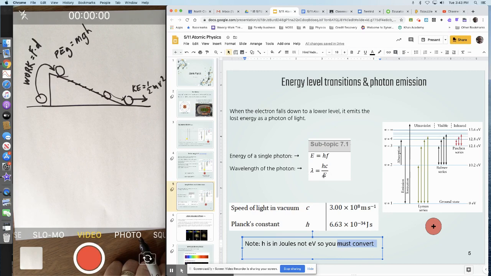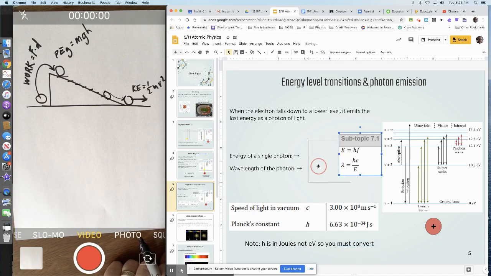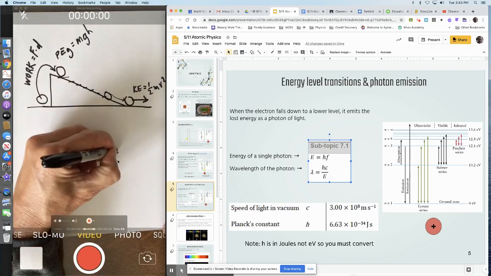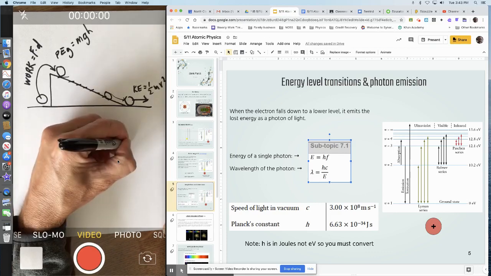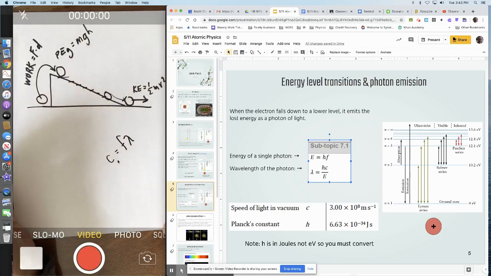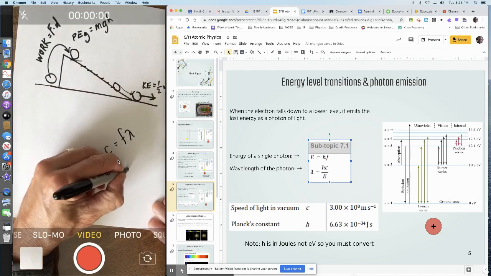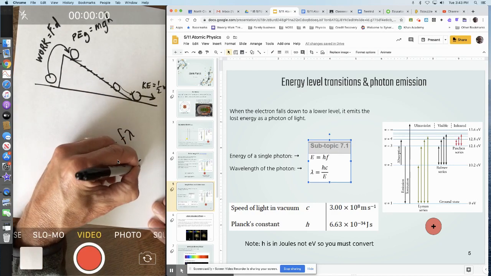This is the exact same equation, but solved for lambda. I'll do a quick thing over here. Remember that the wave equation says c, the speed of light, is equal to frequency times wavelength. If you were to solve that for frequency, you would get frequency is equal to the speed of light divided by the wavelength.